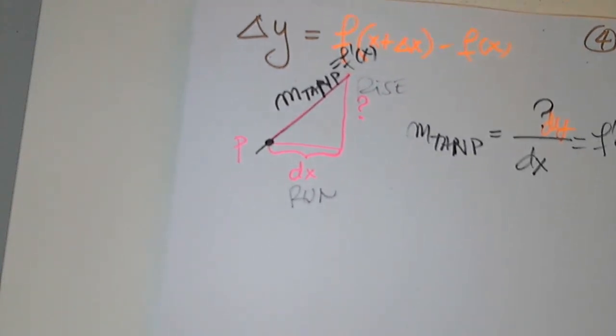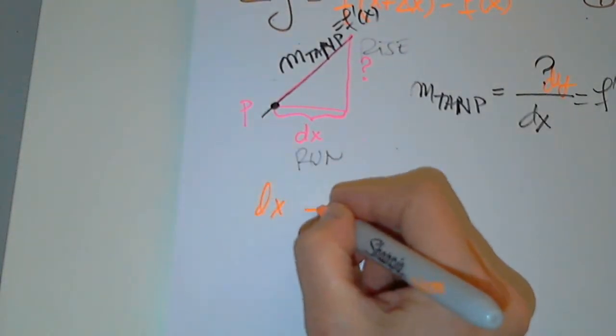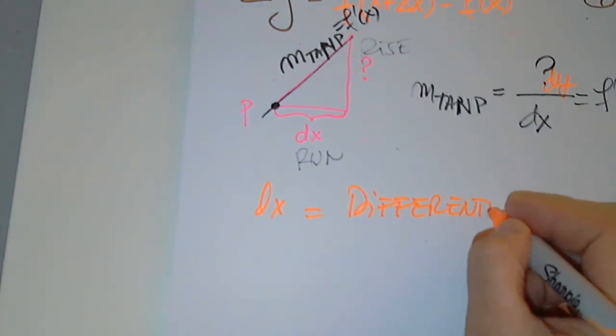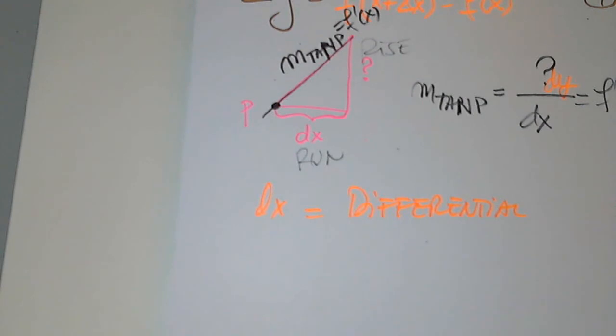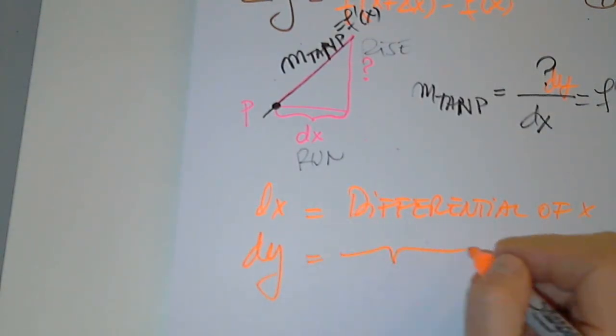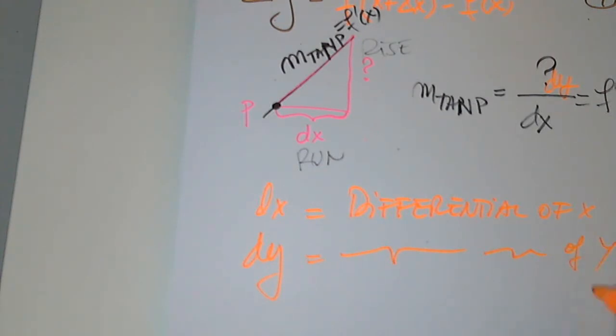And I'll go back to the graph. So dx is the differential. We wrote that before. Differential of x. And of course dy is the differential of y. Can anyone solve this equation for dy?